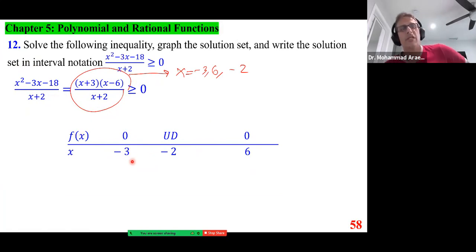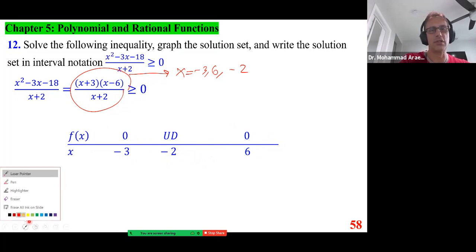Now, because each one has exponent 1, if you evaluate just one of them, the rest alternate. Probably the easiest test point would be between -2 and 6, which is 0.